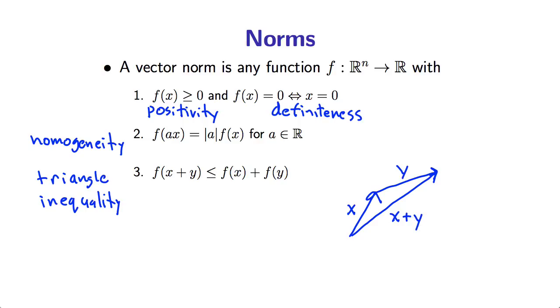What the triangle inequality says is, in some sense, the size or the length of this vector, the combination of these two, is less than the added length or size of the two vectors. If we add this length and this length, it's bigger than this length. That's the intuition and why it's called the triangle inequality.